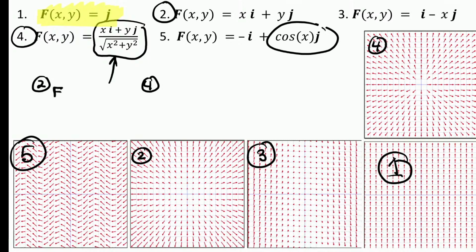If I did f of 5, 0, with number 2, f of 5, 0 is 5i. For number 4, f of 5, 0 is just i. So here, with 5i, your arrows are getting bigger and bigger as you go along the x-axis. Here they stay the same length. They're all 1 unit long.